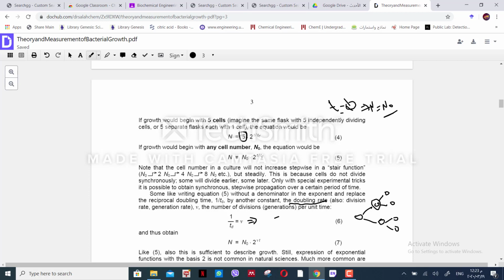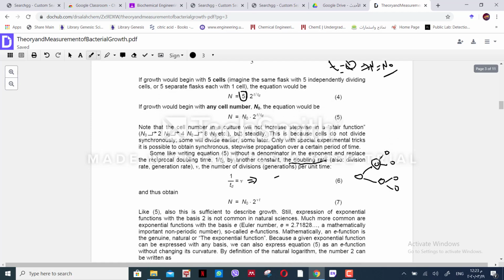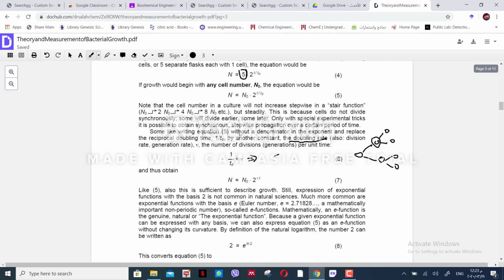So equation 5 will be N equals N naught times 2 to the power Vt. If you look here, 1 over Td, put it as V, so the equation conforms to N equals N naught 2 to the power Vt. Also, this is sufficient to describe growth.